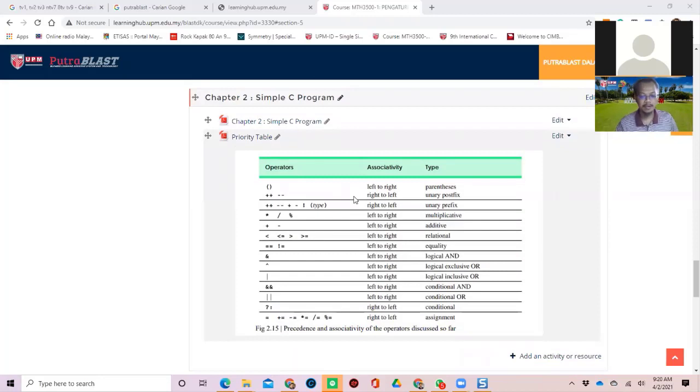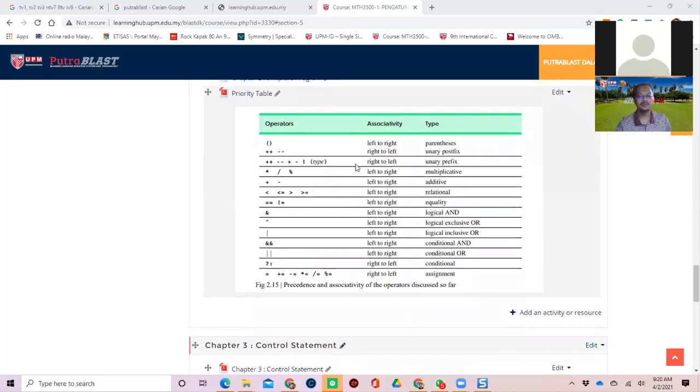Okay, now I have uploaded this table in Putra Blast, so you can look. Hopefully this is the complete one. It combines all the operators, logical and normal mathematical operators, and you can see the parity. The first one is the highest parity. The last at the bottom is the lowest parity.